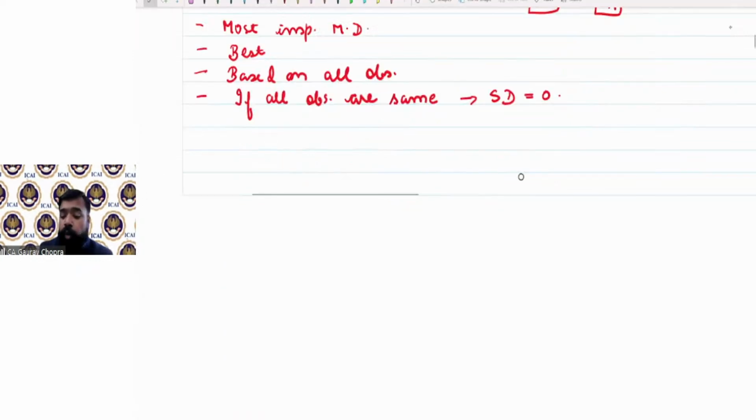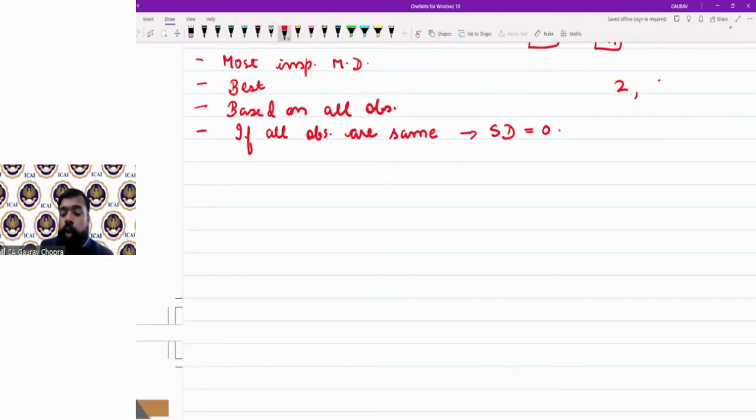Let's say if all observations are 2, 2, 2, then their standard deviation will be 0. Simple point. And not only standard deviation, all kinds of deviation will be 0 if all the observations are same, whether you find range, mean deviation, quartile deviation, or standard deviation. So here also, if all observations are same, then standard deviation is equal to 0.